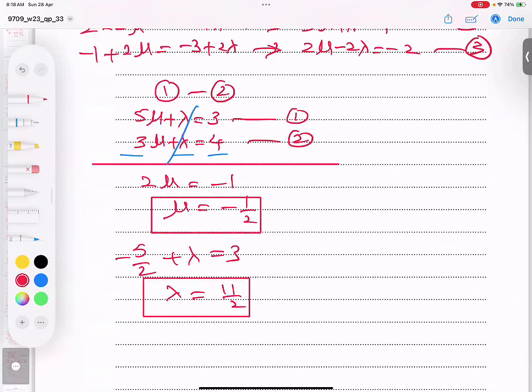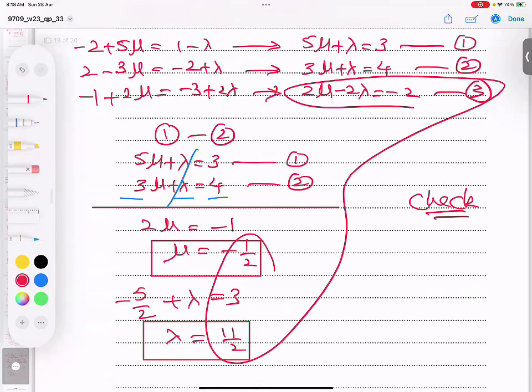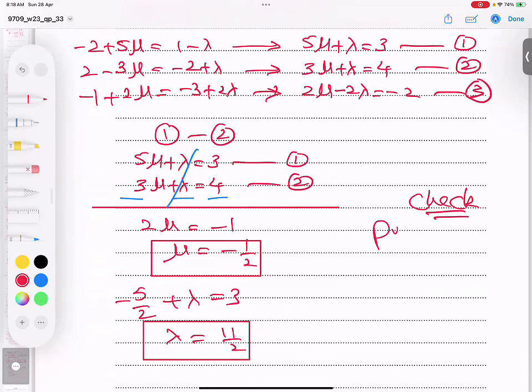This is called checking. A very important criterion to check whether they cut or not. So both values I will put in the untouched equation, which is not used up till now. Put in 3. So 2 times the mu value and 2 times the lambda value. If left and right match, they intersect. If they don't match, they don't intersect. 2 cancel, 2 cancel.